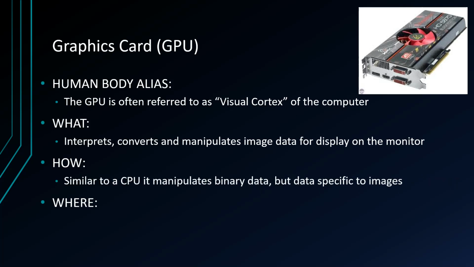So how does it actually work? Similar to a CPU, it manipulates binary data, but as I said, this is data that's specific just to images. Now, even videos are really just images, just a bunch of still images that go in sequence to give you the illusion of movement. So this is another one that requires super duper speed. And what I mean by that is every bit of data that's going through the motherboard from the graphics unit is going somewhere else, typically to the CPU, or it's going to the monitor or something like that.